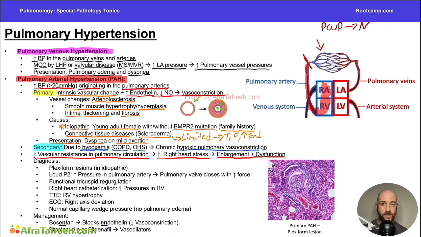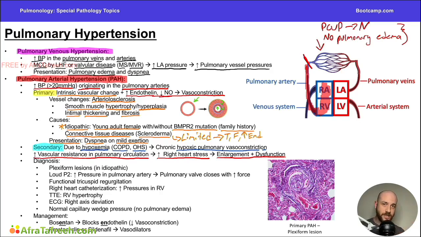And like we saw pulmonary edema in pulmonary venous hypertension, in pulmonary arterial hypertension, there's going to be no pulmonary edema. And because there's going to be no pulmonary edema, we're not going to hear things like crackles.